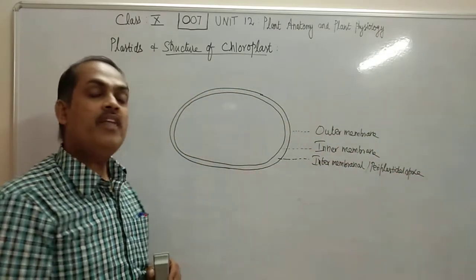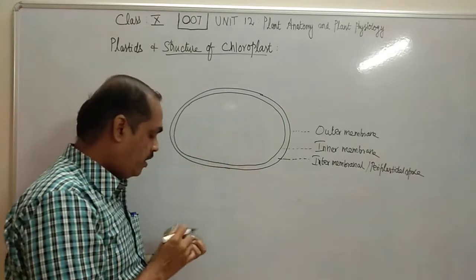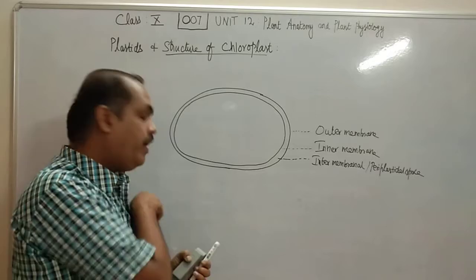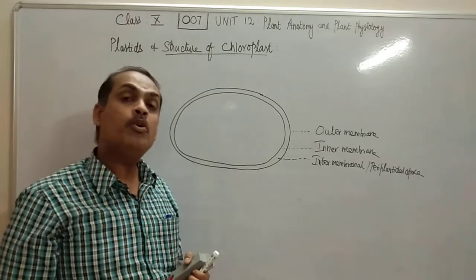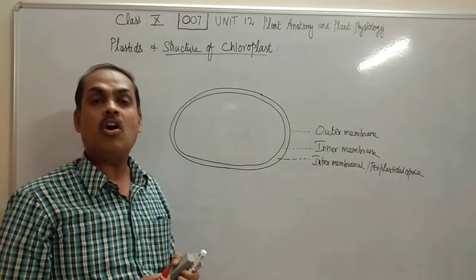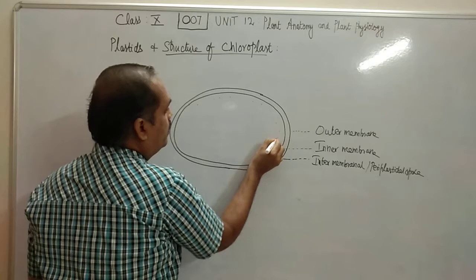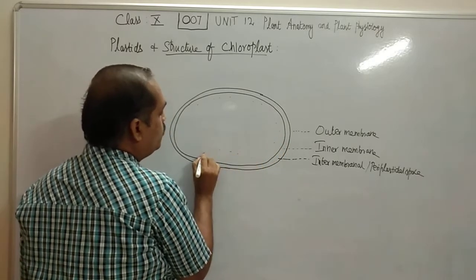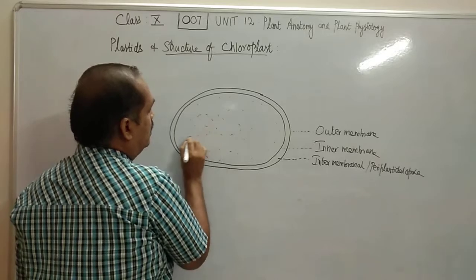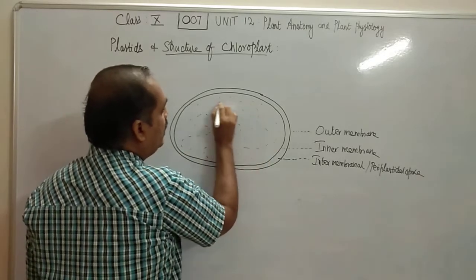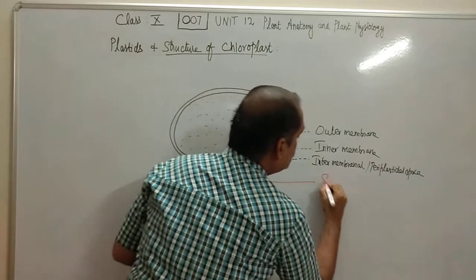Now this outer and the inner membrane together is called as an envelope. Now inside this outer and the inner membrane, you will be able to see a gelatinous matrix made up of lipoproteinaceous substances called stroma.